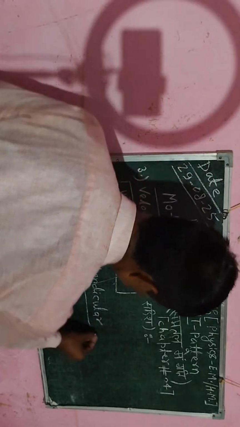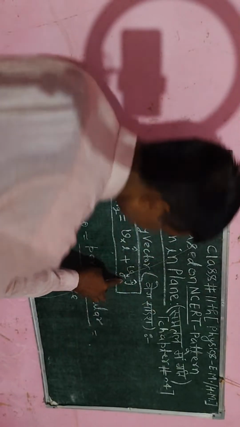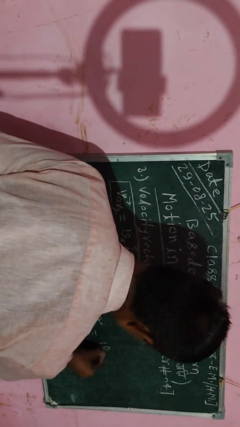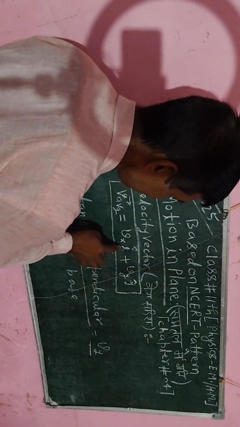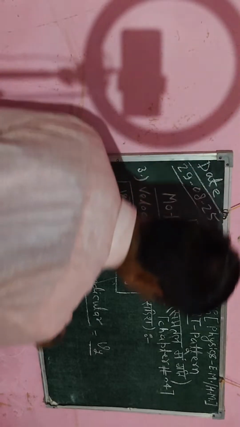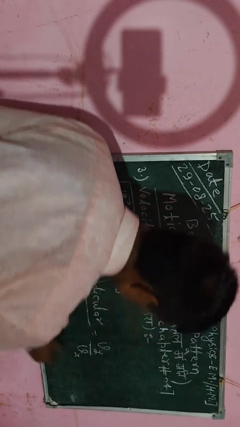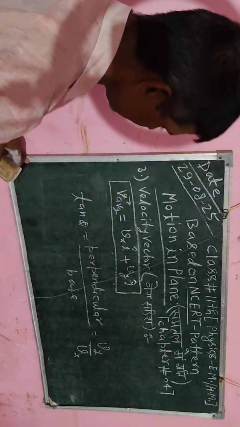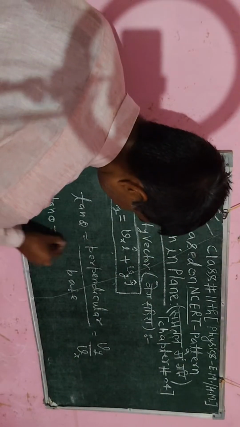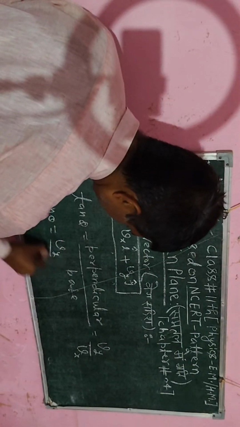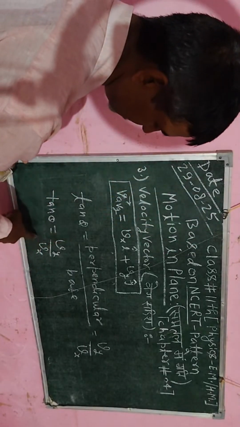In this expression, the coefficient of j is the perpendicular, and the coefficient of vector i cap is the base. So tan theta is equal to dy divided by dx.